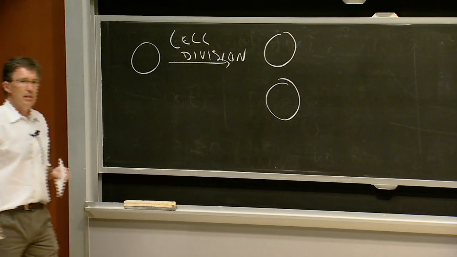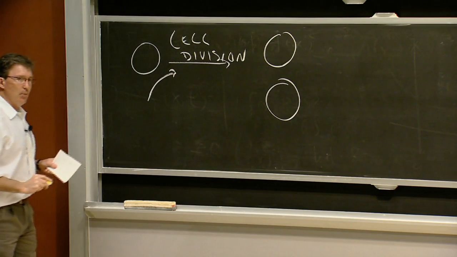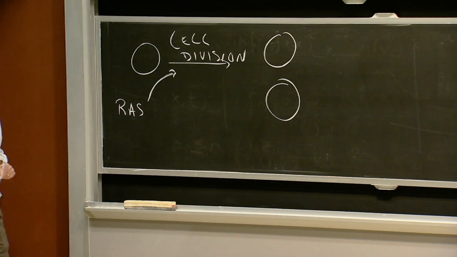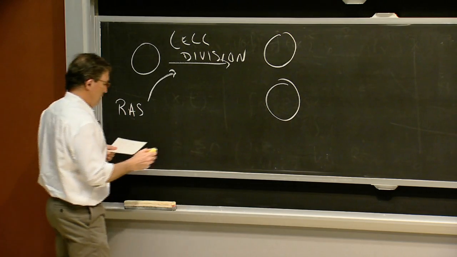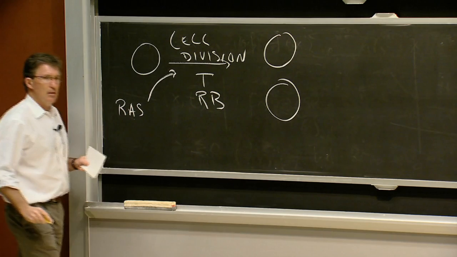And the two genes that we discussed in some detail regulate this process. The RAS gene and the product oncogene stimulate cell division. The RB tumor suppressor gene inhibits cell division.